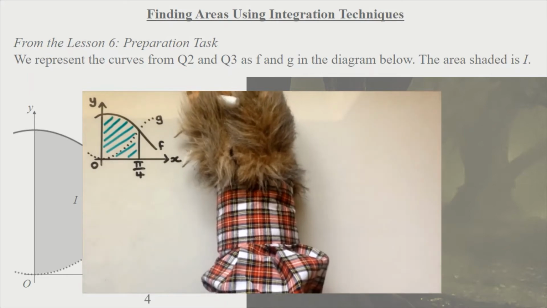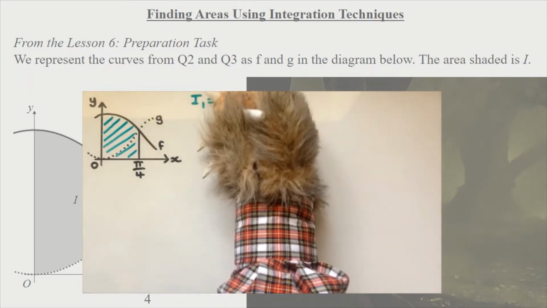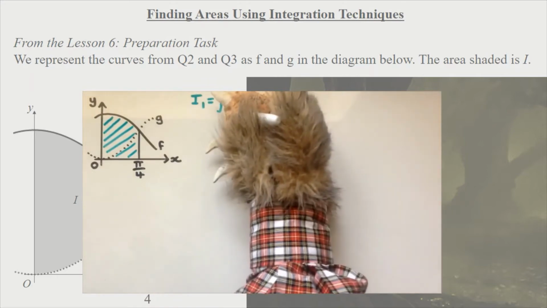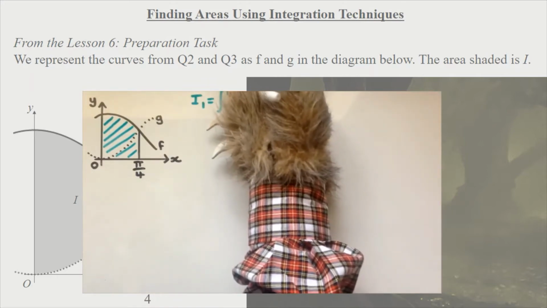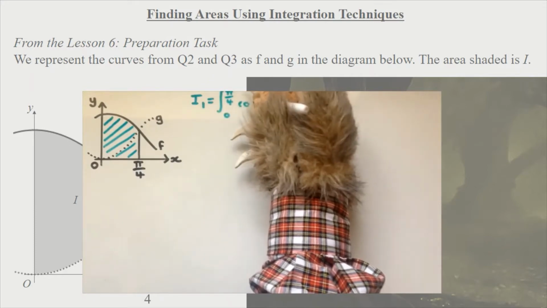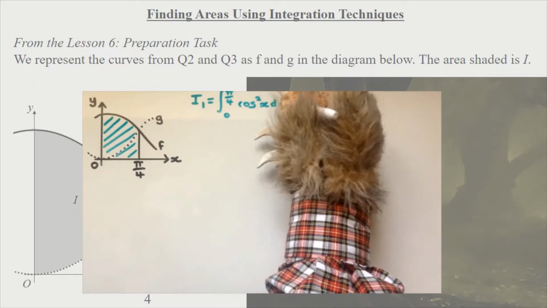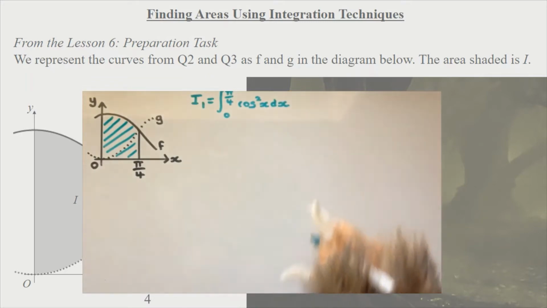The integral was I1, so I1 is equal to the integral from 0 to pi over 4 of cos squared x dx, like so.